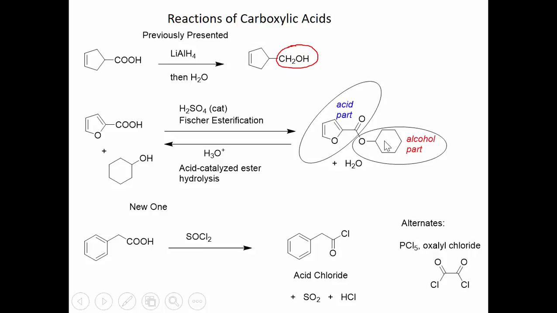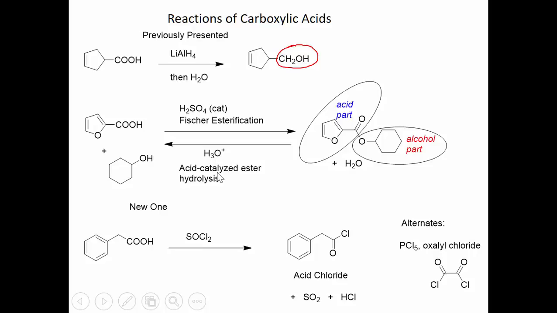In this section, we're actually going to look at the mechanism for this reaction, and we'll have a deeper understanding of why we call it the acid part and the alcohol part. I also want to make you aware that when we present the mechanism, you're going to get two mechanisms for the price of one, because the reverse reaction is also feasible when you have lots of water present.